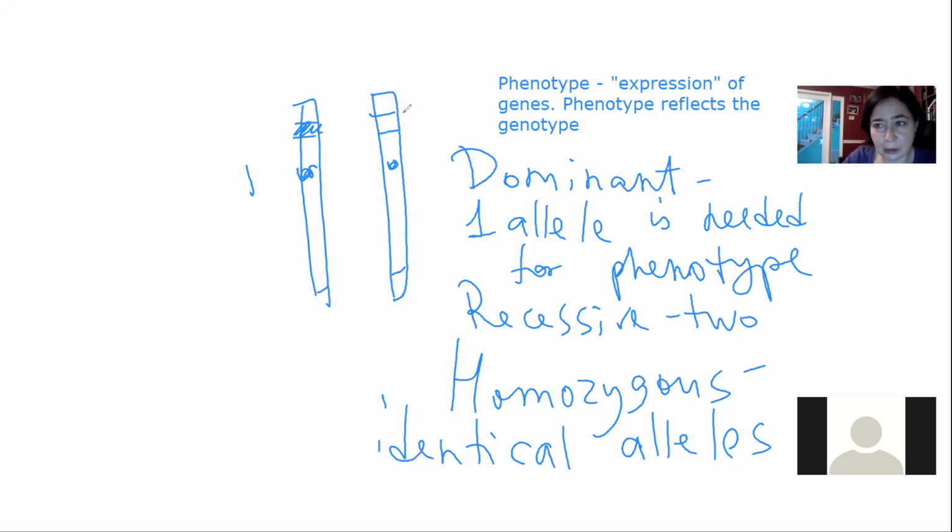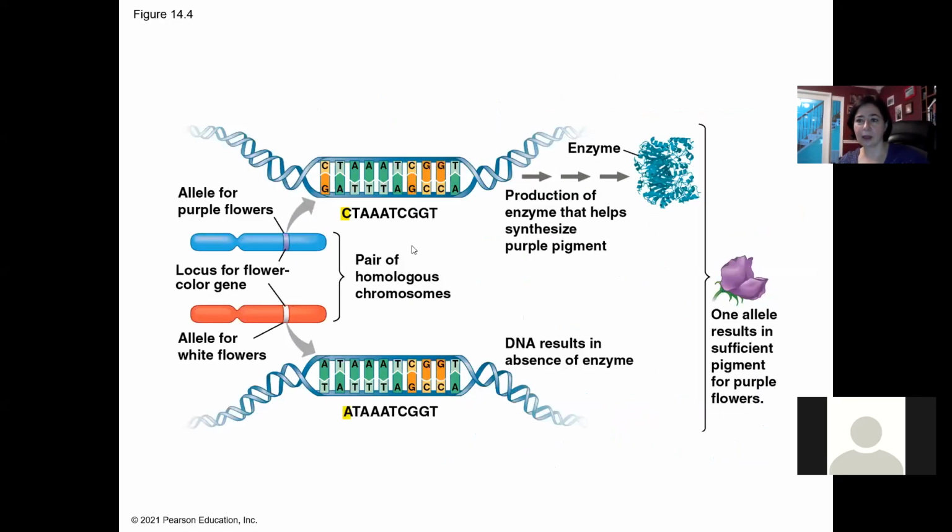One more time, homologous chromosomes carry the same genes. Genes sit on the chromosome in what's called a locus. If alleles are identical, that's a condition called homozygous. If alleles are different, heterozygous. And then one allele can be dominant, one allele can be recessive. So what you can see here: two homologous chromosomes, two loci, an allele for purple, an allele for white.